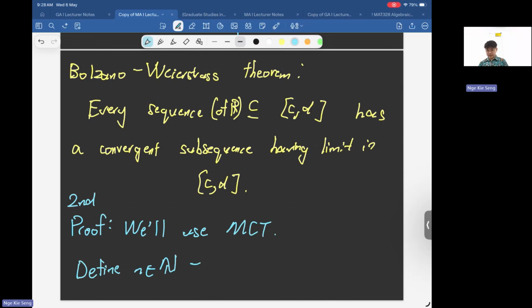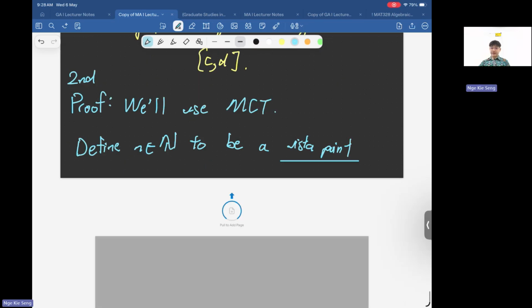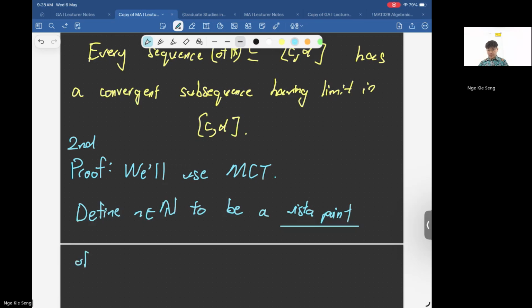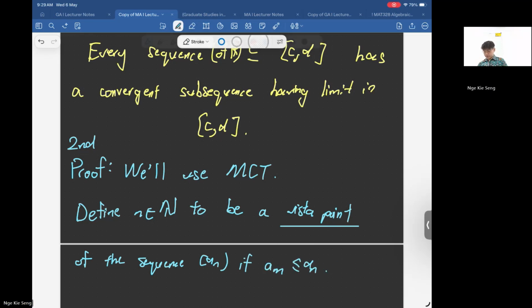So we define n in N to be a vista point of the sequence a_n if a_m is less than or equal to a_n for all m greater than or equal to n.